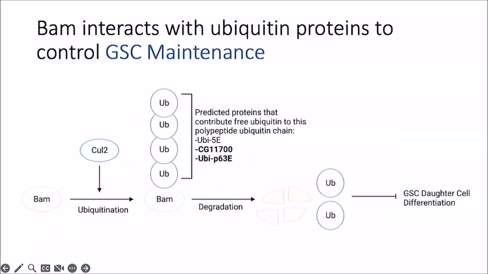But there's also a role that BAM plays itself, in that BAM itself is ubiquitinated. And so when it gets ubiquitinated, it gets degraded. And this is associated with germline stem cell differentiation, or basically blocks germline stem cell differentiation when you degrade it, because it basically keeps it.